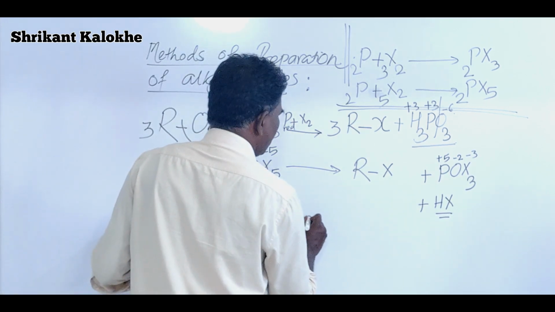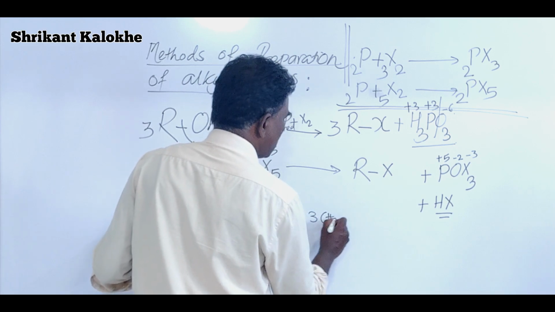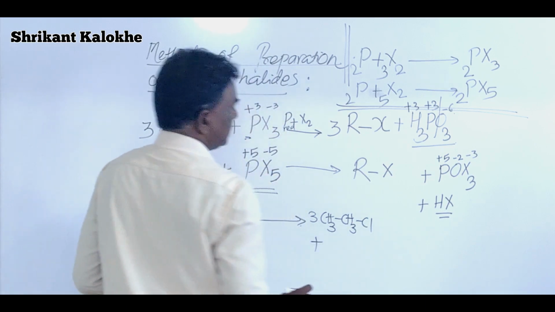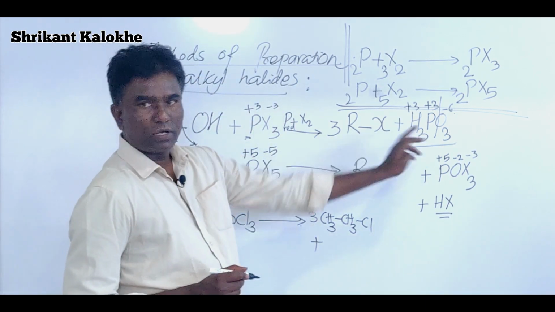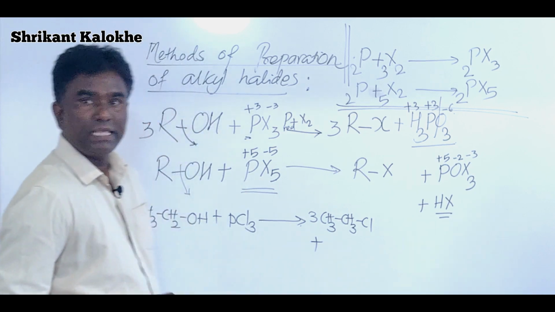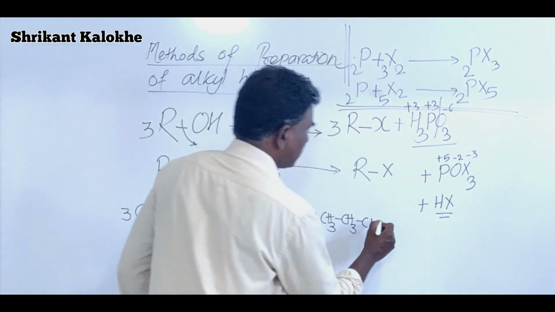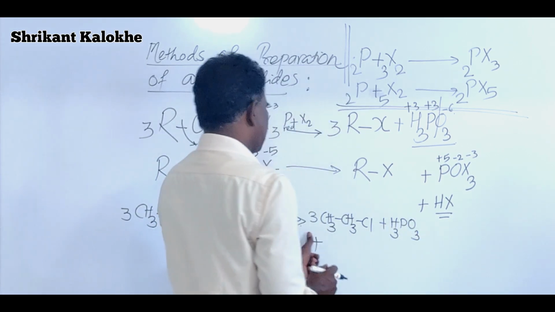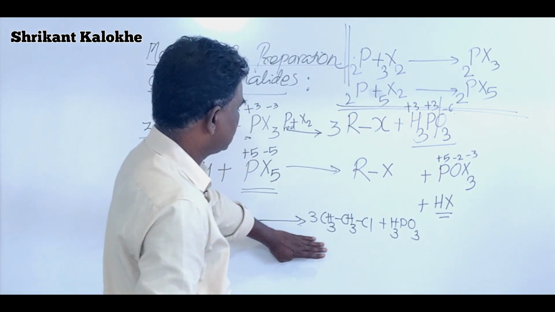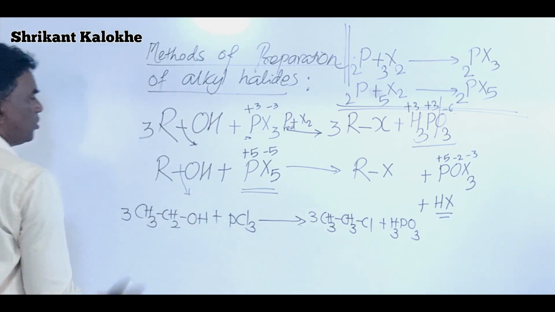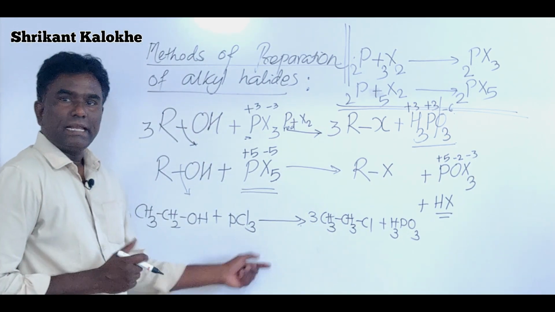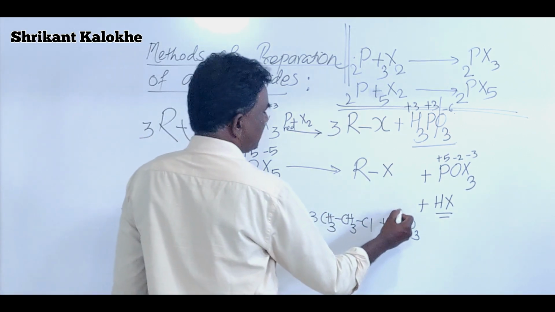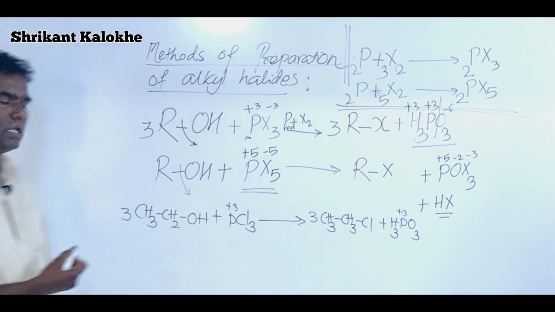In this way we will get 3 molecules of ethyl chloride, plus we will get the side product H3PO3. In this case, this is the balanced reaction. In the phosphorus trihalide case, the +3 valency of phosphorus is maintained in the side product also.